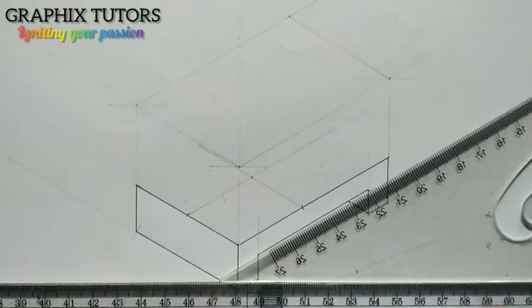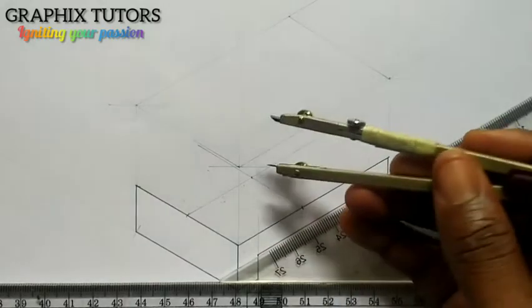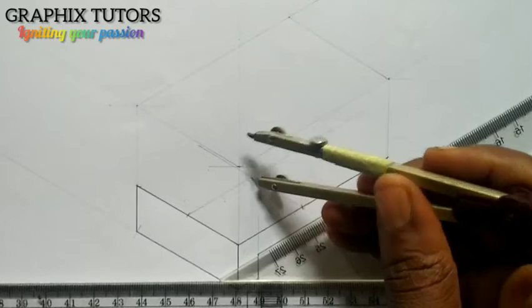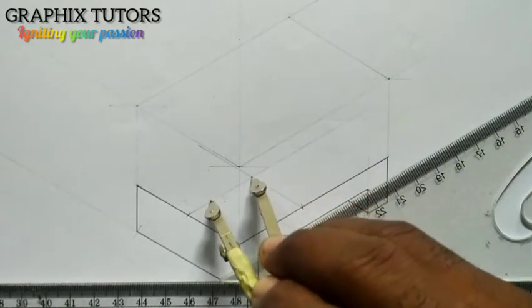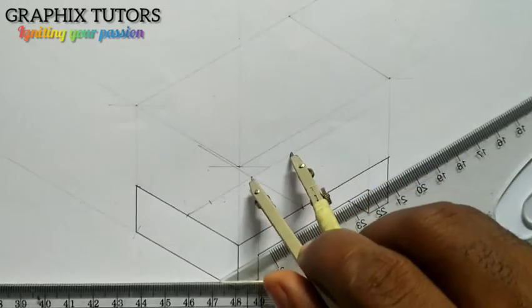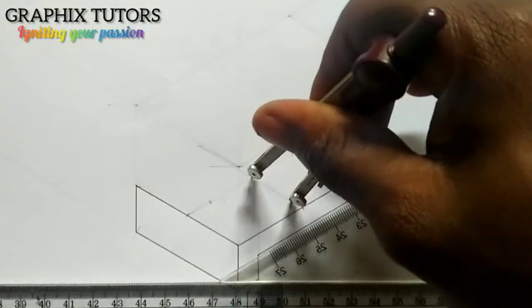So I'll measure 37.5, right? Now I'll place it at the center here, and I'll cut left, I'll cut right, I'll cut up and down this point, and I'll cut also this point.